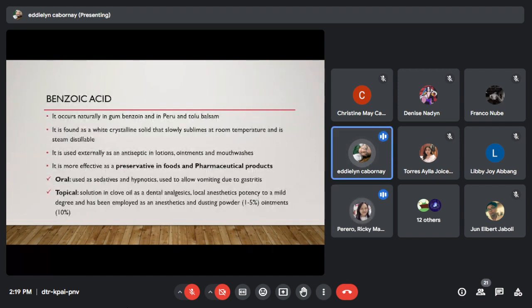Then we have benzoic acid. It occurs naturally in gum benzoin and in Peru and Tolu balsam. It is more effective as a preservative in foods and pharmaceutical products.